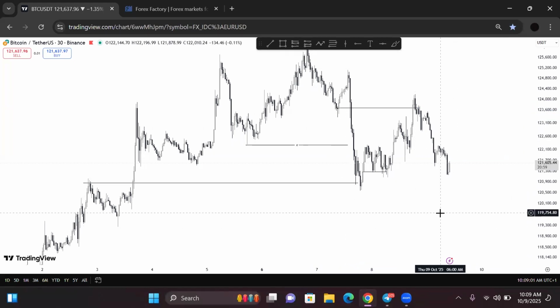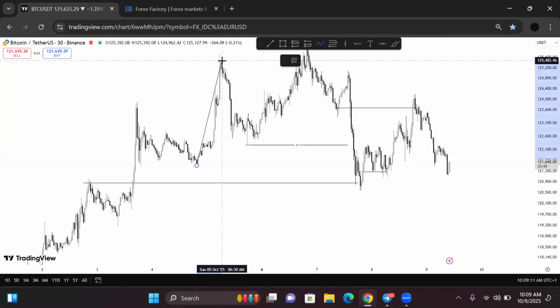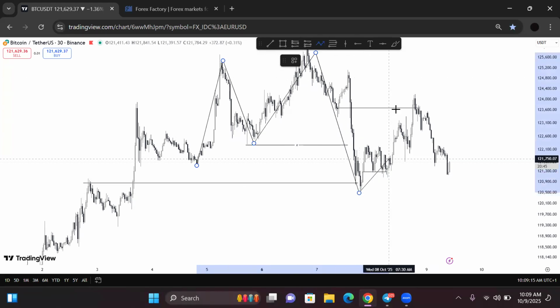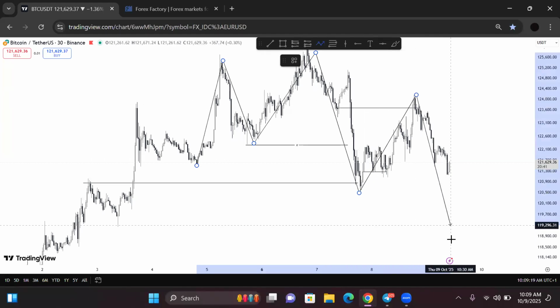I'm going to stay out of BTC to see what the market is doing, because I'm getting two structures. I'm having a bearish structure here: high, low, high, and then break of structure. So it's possible that the market just wants to tap on this supply zone and continue going down.